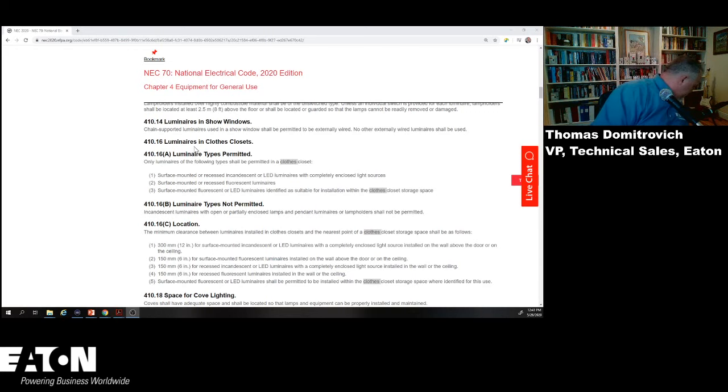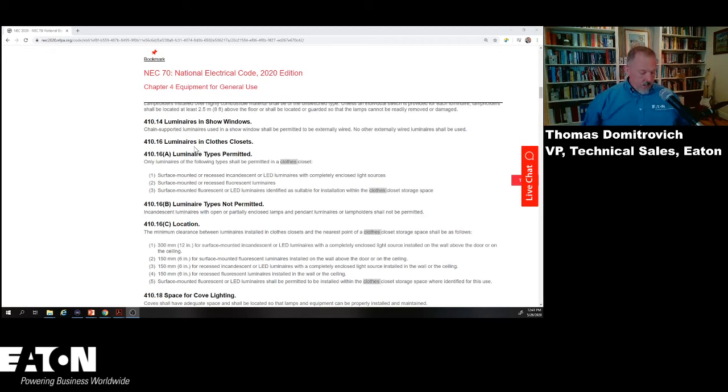You know what? Let's take a look at the 17 version in 410, because it could be they just aligned the title. So 410.16 in the 2017 version of the NEC did say luminaires in clothes closets.